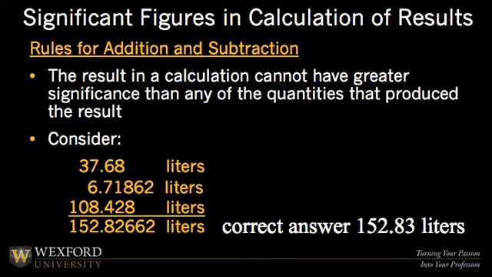Consider this: 37.68 liters plus 6.71862 liters plus 108.428 liters would be equal to 152.82662 liters, but the correct answer is actually 152.83 liters based on the rules for addition and subtraction for significant figures.